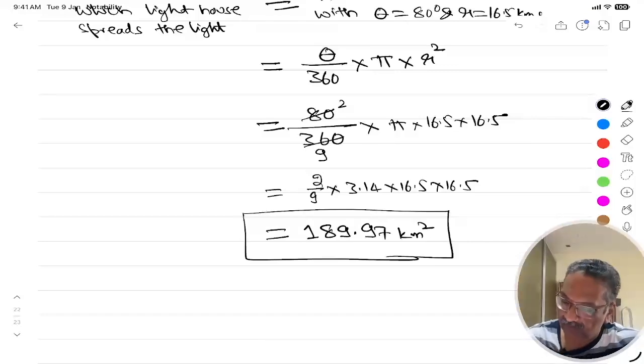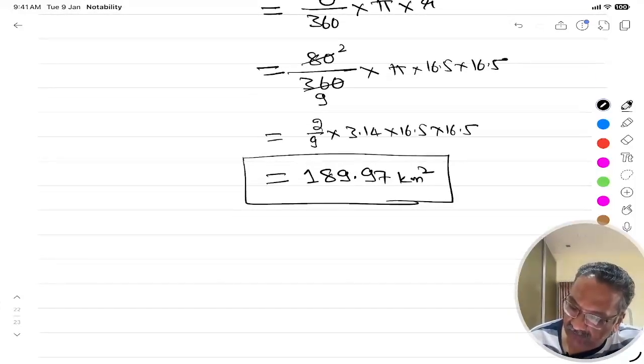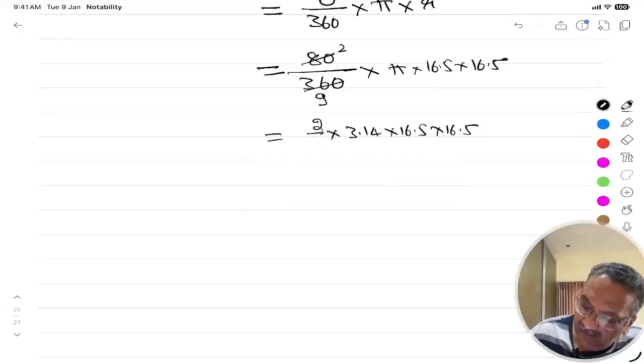Now how do we solve this? Let's see if we can simplify and solve this. 3 3s are 9, 3 5s are 15, so 5.5.